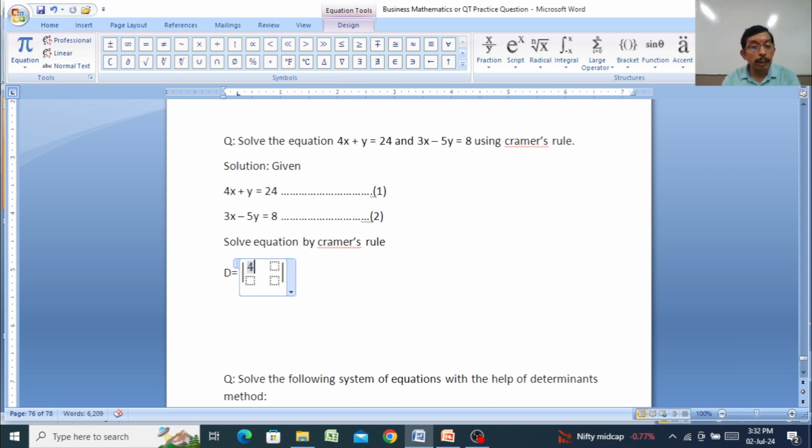The coefficient of x in the first equation is 4. The coefficient of y in the first equation is 1, note down 1. The coefficient of x in the second equation is 3, note down 3. The coefficient of y in the second equation is minus 5, note down minus 5.